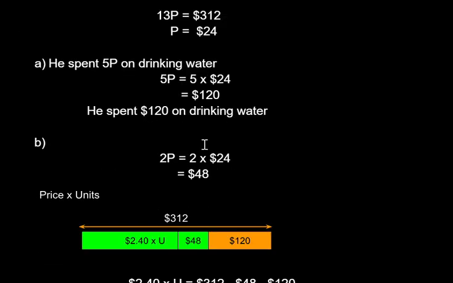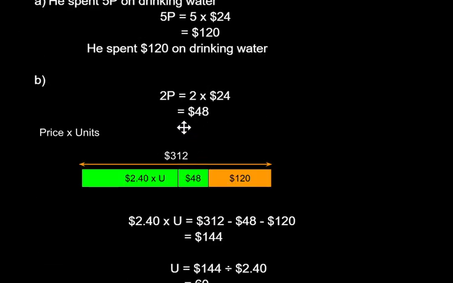So for every 5 units of drinking water, he will have bought 2 units of juice. So if he spent $120 on drinking water, he must have spent at least $48 on juice.